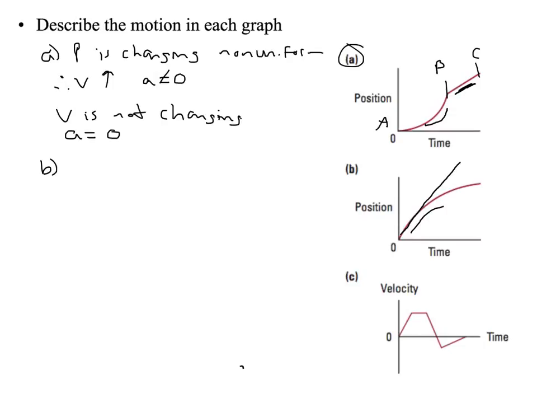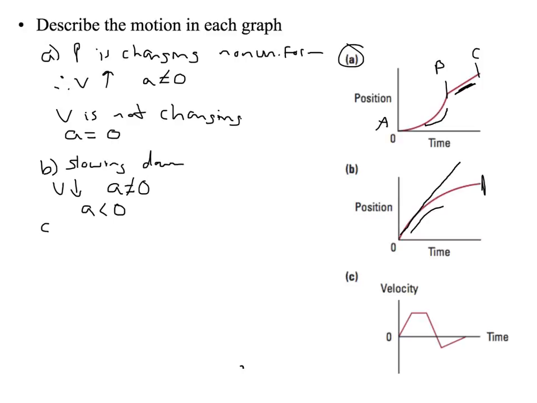So we would say that in B, we are seeing a slowing down between this point and that point right there. Since we are slowing down, our v is decreasing, and therefore we are seeing an acceleration. Acceleration is not equal to 0. Since we're slowing down, it'd be like putting on the brakes. We would say that acceleration, therefore, must be a negative number or less than 0.